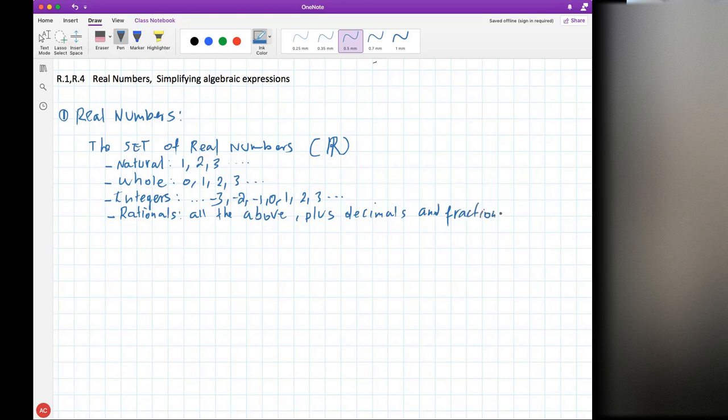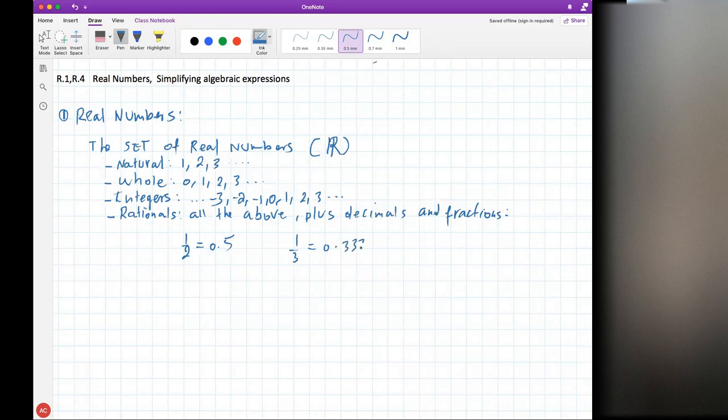As an example, if you take 1/2, that's a fraction. And of course, the decimal form of this fraction is 0.5. What about 1 over 3? The decimal form is 0.3333.